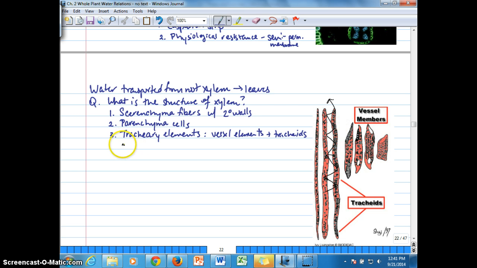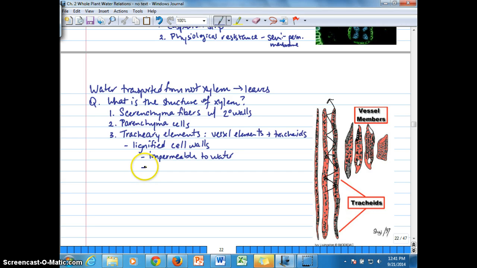Now, tracheary elements have several things in common. They have lignified cell walls. They typically have some secondary cell walls too. The lignified cell walls make these vessel elements and tracheids impermeable, the walls impermeable to water, because water is conducting up through them, not outside of that vascular cylinder.